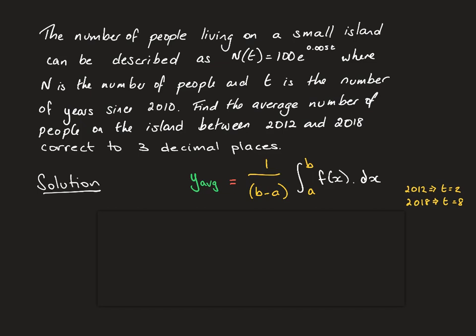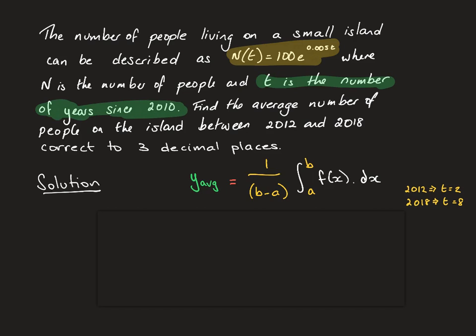So let's go back and do this question that we started off with at the start. So we've got our formula that we've already highlighted. Where's my highlighters? So we've got the number of people. Here's our formula. We'll highlight that, where n is the number of people and t is the number of years since 2010.